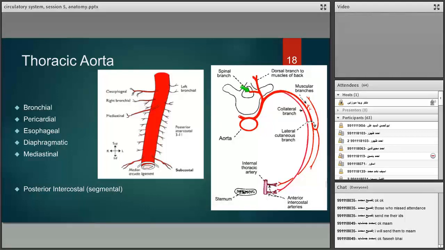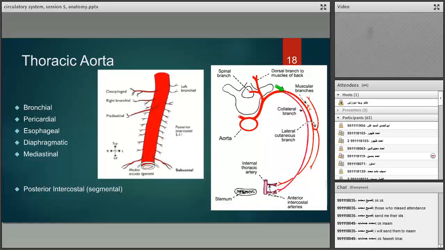This branch is also sending a smaller branch to the spine with the name of spinal branch. They are supplying the blood for the muscles of the back and also for the spine and the vertebra, the bone.